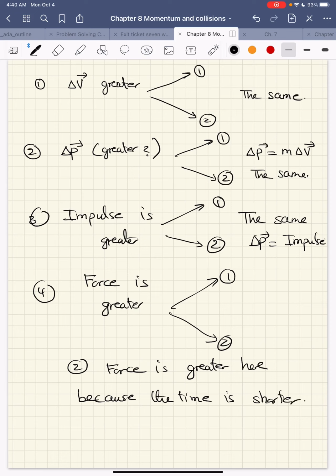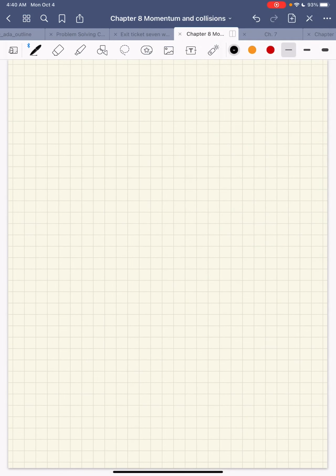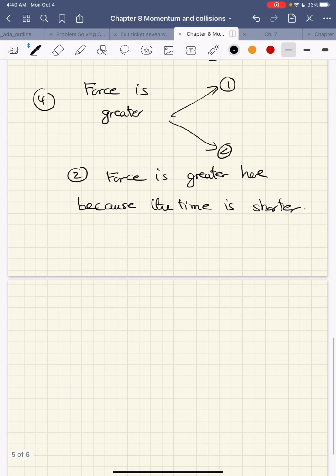Okay, when I hit the wall of cement, the time is going to be shorter. Now, also again, we can say this is F delta T equals F times delta T.